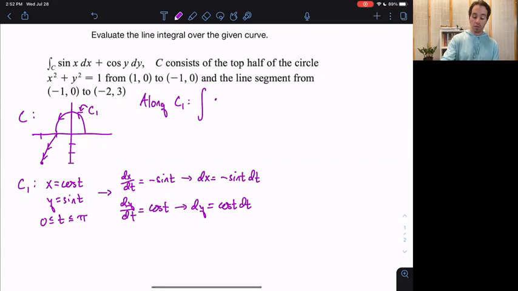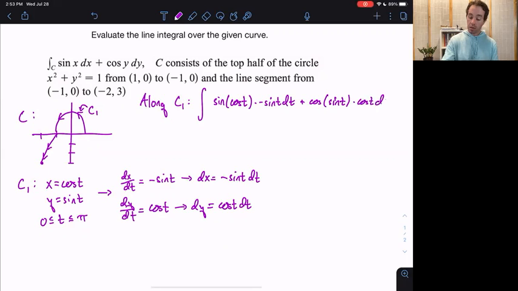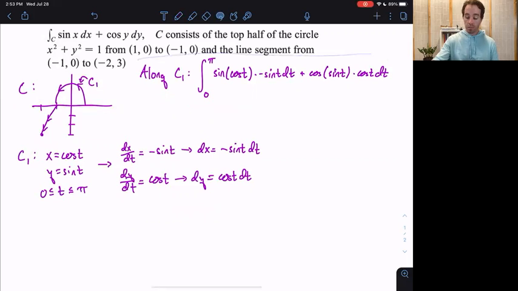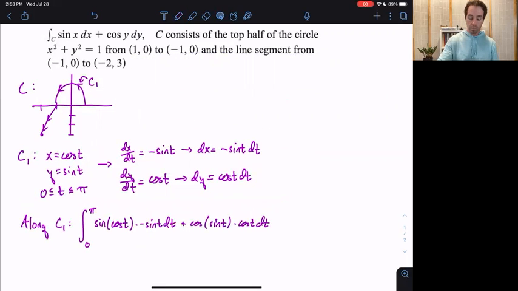So it's going to be the integral of sine of cosine of t, and then dx is times negative sine t dt, and then plus cosine of y, that's cosine of sine of t, multiplied by dy, which is cosine t dt. And the integral will be from 0 up to pi. So I don't think I'm going to have room to evaluate that, so I'll move it. There we go.